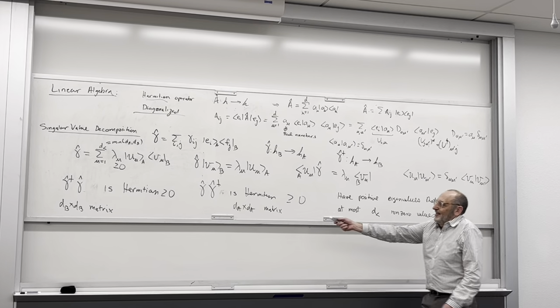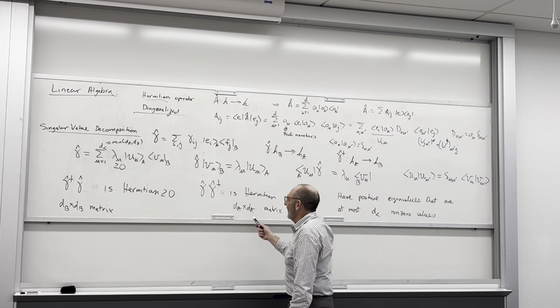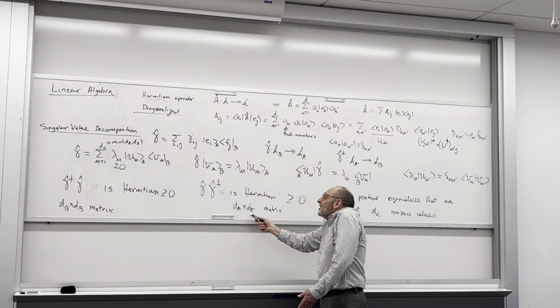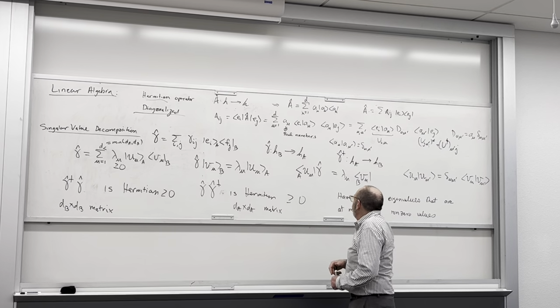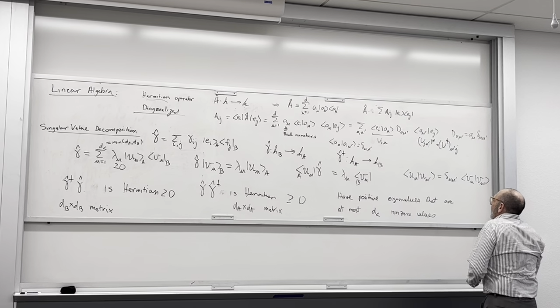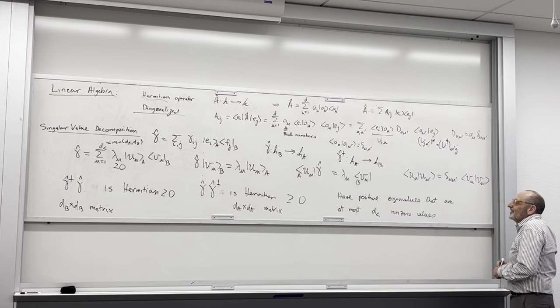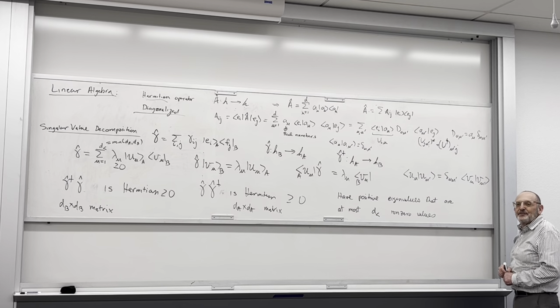Because, say dA is less than dB, if I have to have the same eigenvalues in both cases, such that they came from this original matrix, then the most I can possibly have is whatever the smallest matrix is. If they're positive numbers, I can take their square roots.